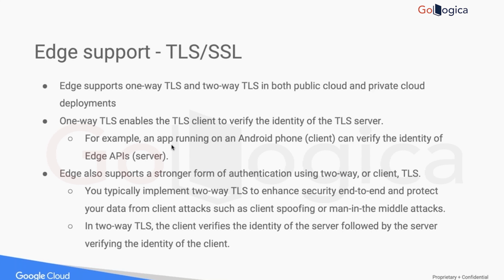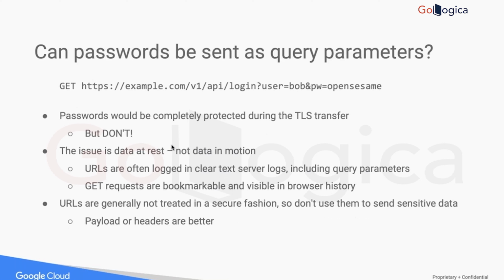Now, when we are going to use HTTPS or one-way TLS to hit any server, we should still never use passwords in the query parameter. For obvious reasons: many times the logging systems try to store the complete URL, and if they store the complete URL, they will also store the password or sensitive data.